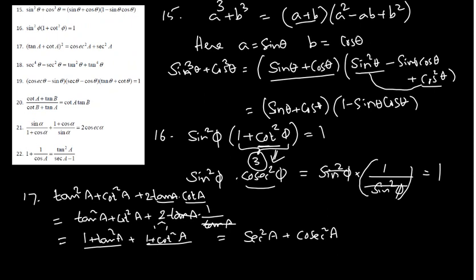So the 19th question: cosecant theta minus sin theta, secant theta minus cos theta, tan theta plus cot theta. So much is going on here.